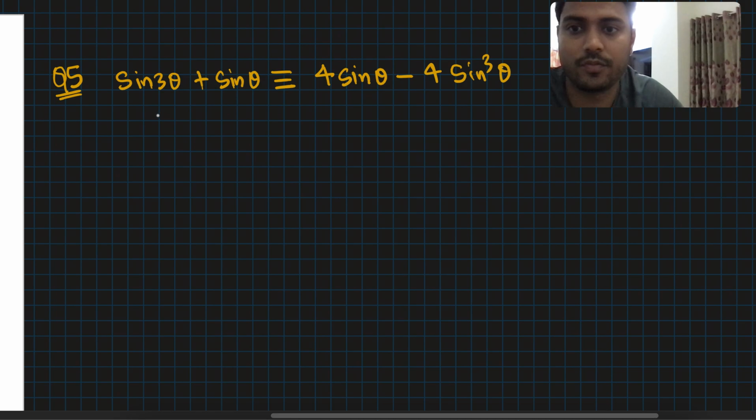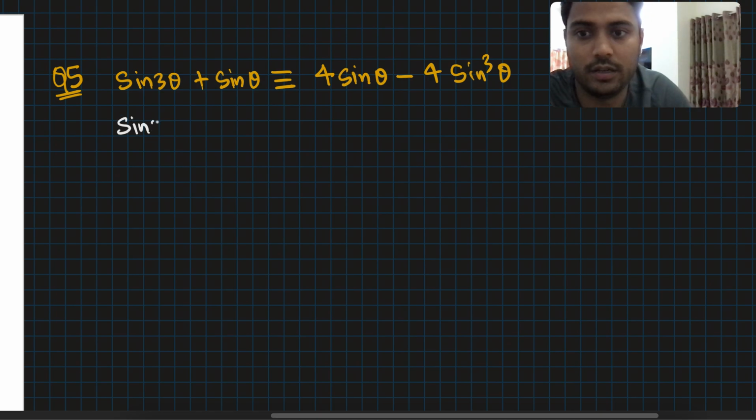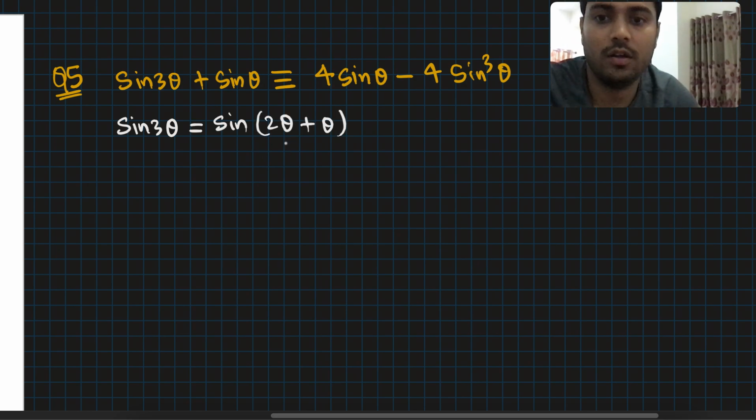What is sine 3 theta? Again, we have to use the double angle formula for sine. What is sine 3 theta? Sine 3 theta can be written as sine of 2 theta plus theta. And how can we write this?